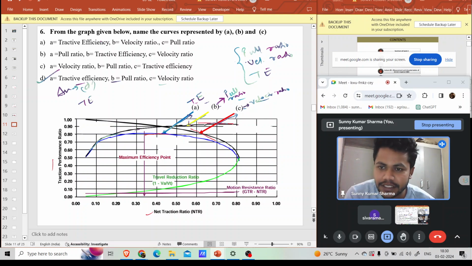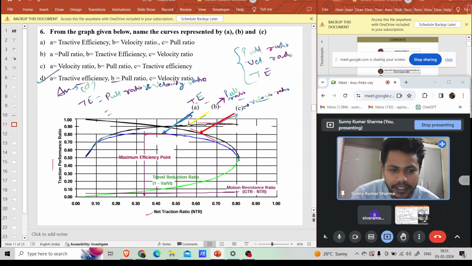Do you know that tractive efficiency is nothing but the product of pull ratio and velocity ratio? Pull ratio into velocity ratio. Can you explain what is pull ratio?